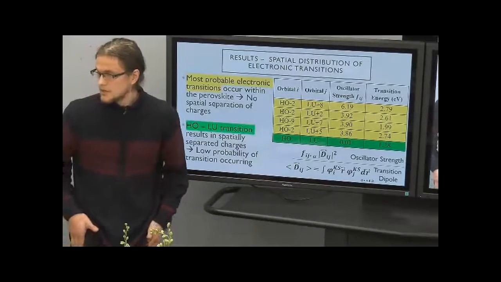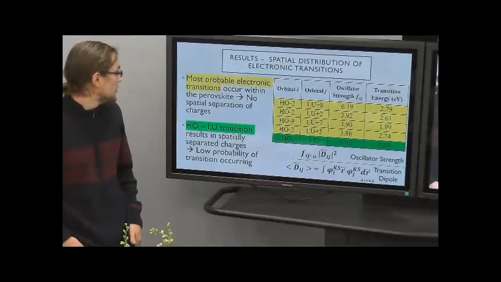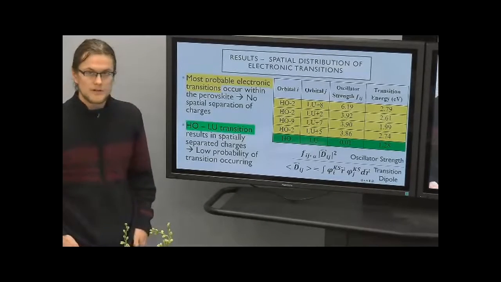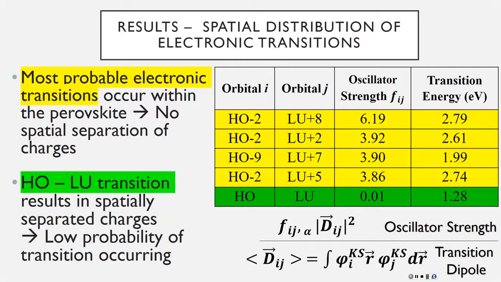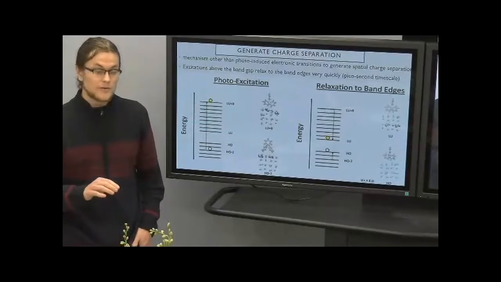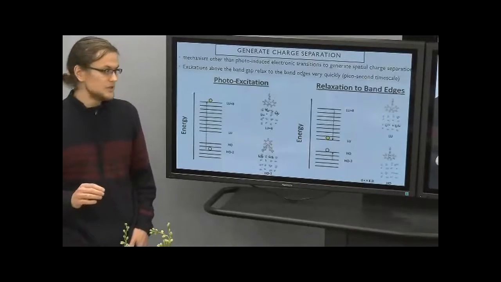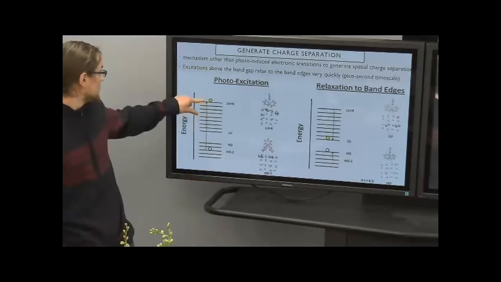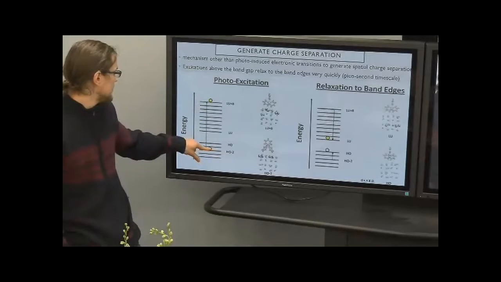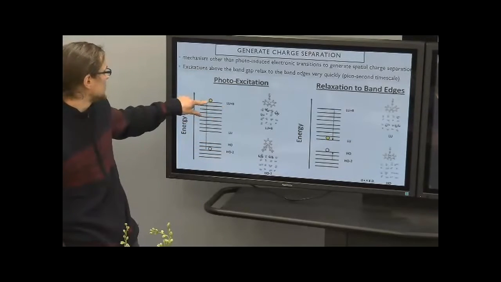To summarize, the most probable photo-induced electronic transitions occur within the perovskite, and they don't produce charge separation. While the transitions that do result in spatially separated charges have a very low probability of occurring. So we have to consider a different method to get spatially separated charges. On the left, this shows the photo excitation from the HOMO-2 state, which leaves a hole, to the LUMO+8 state where the electron would reside.